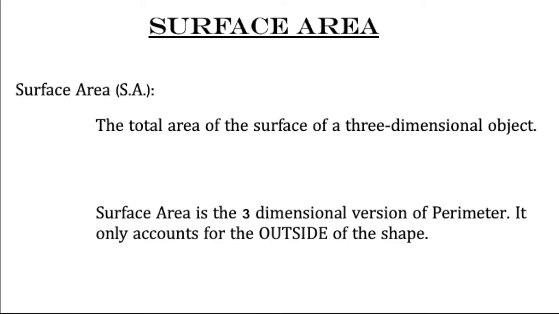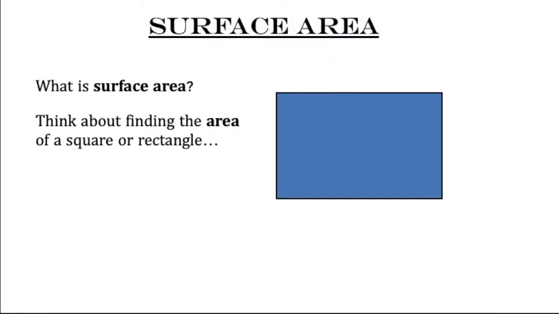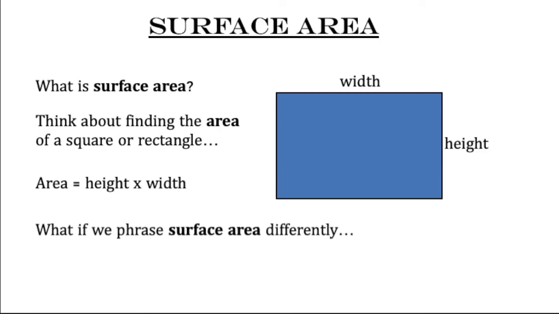Cool, moving on. So continuing with the surface area, defining it. If you think about it, we now know that we can find the area of a square or a rectangle by having the height, having the width, and then you just multiply the two and your answer is in the square units. So area would be height by width.